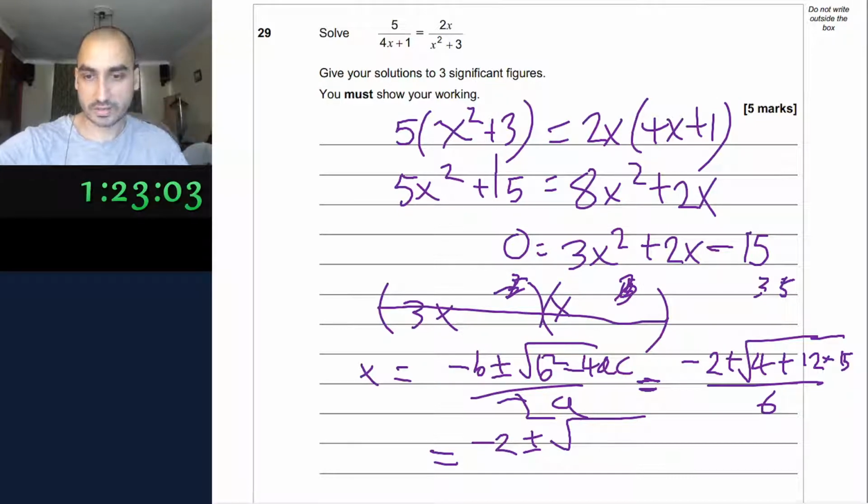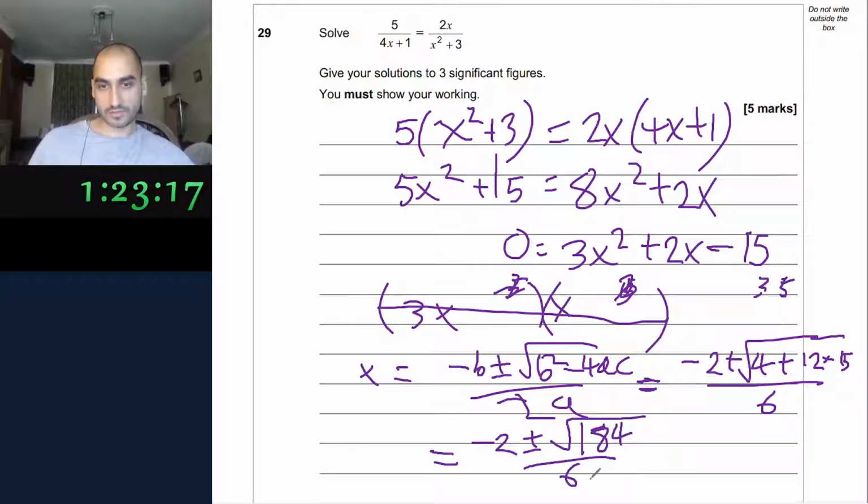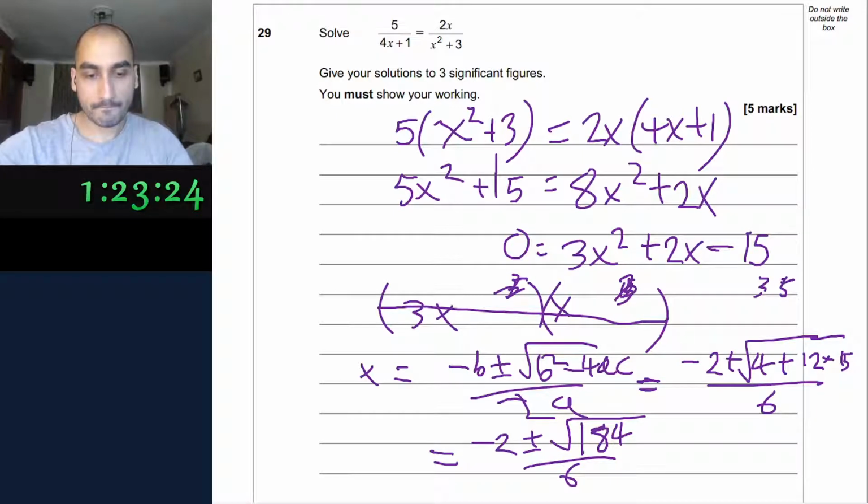Let's just do the square root. So it's going to be 184 in the square root. Oh, we can actually factorize this.